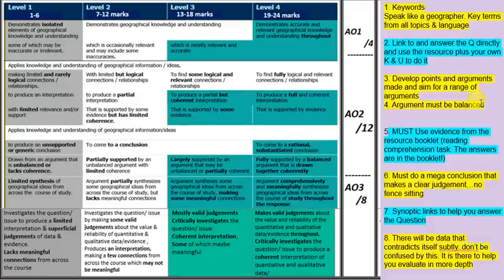If the question is, to what extent do you agree with this viewpoint, then again, use the words in the question. The most significant argument to agree with this statement would be, blah de blah, off you go. The most significant argument against agreeing with this statement would be, so you're directly answering the question.